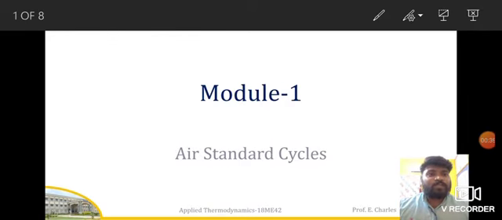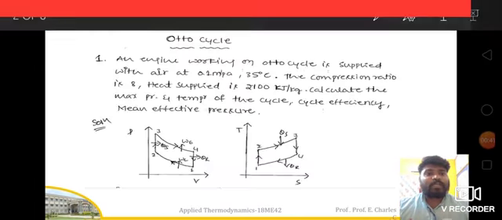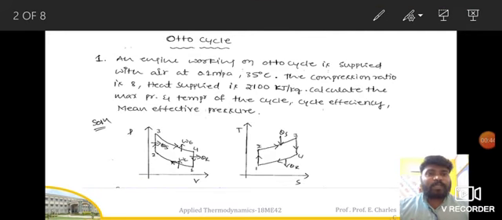First and foremost, I would like to take the Otto cycle. So I have taken a numerical, and it is very easy to understand. Let me read out this numerical. An engine working on Otto cycle is supplied with air at 0.1 megapascals, 35 degrees Celsius.